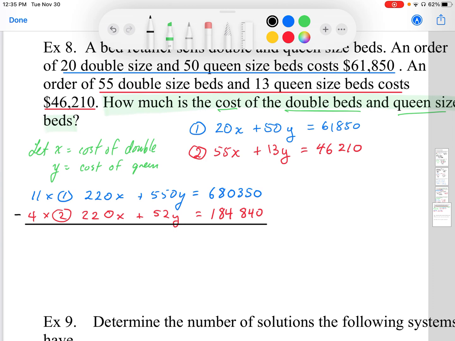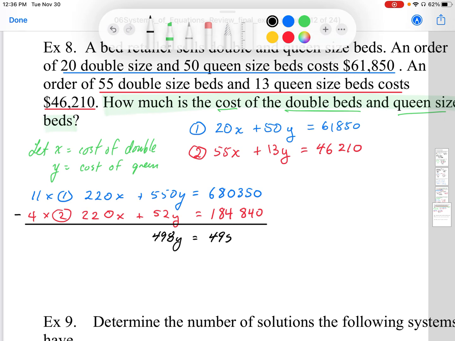Okay, so at this point now I've matched the x coefficients. I can subtract these two equations. So the x's cancel out. I'm going to end up with 550y minus 52y. That's 498y. When I subtract these two dollar amounts, I'm going to use my calculator to do this.